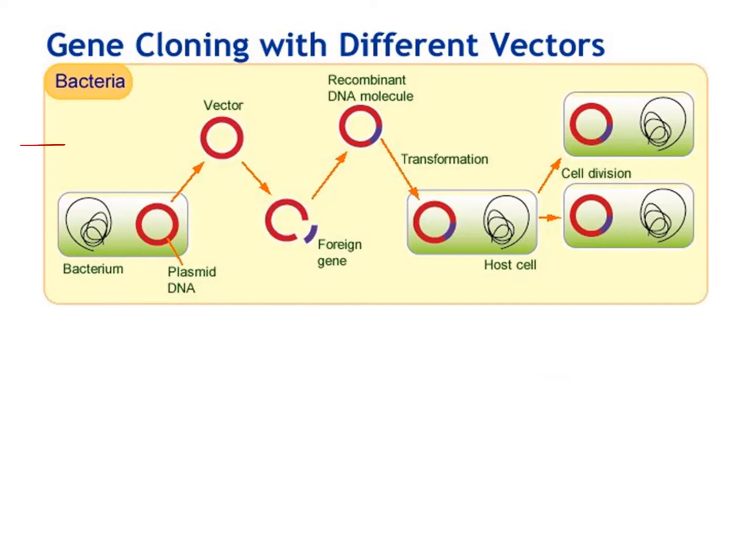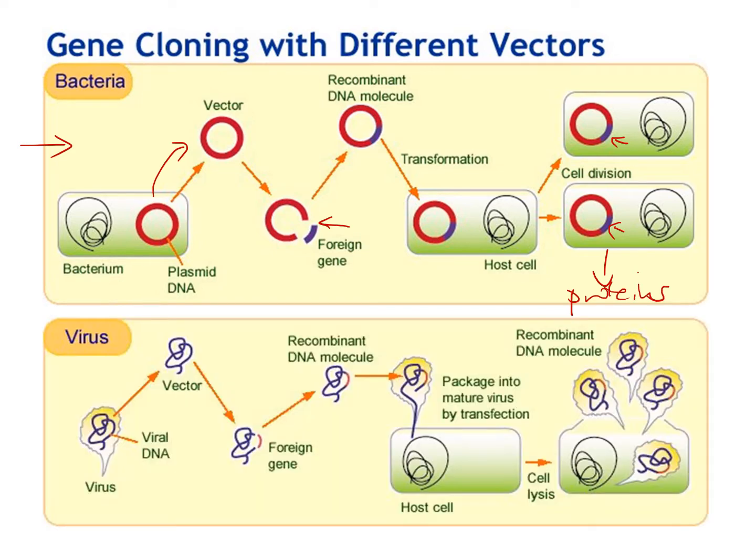This is what we've looked at in the last lesson, which is the bacterial transformation. So that's when a plasmid is used as a vector. That gene that we want to clone is inserted into that vector, and then the bacteria take up those plasmids and then can either just be used to divide, so we're getting lots of copies of the gene, or as we said, it could then be used to produce the proteins as well.